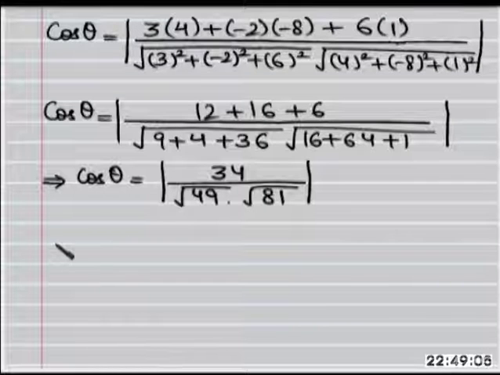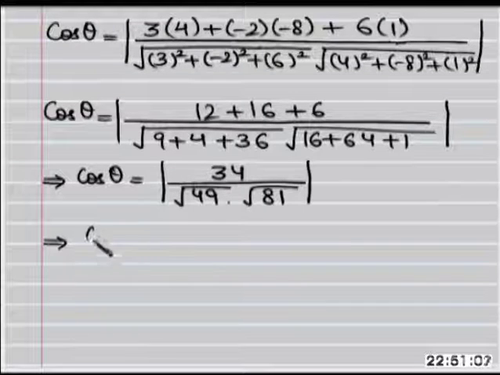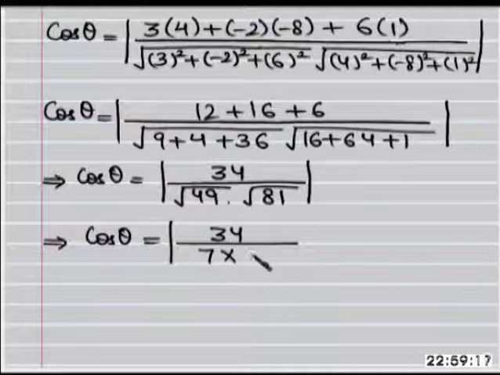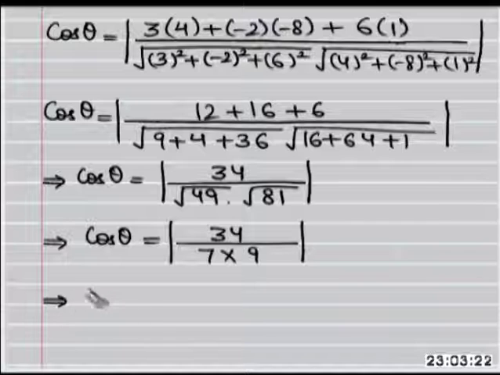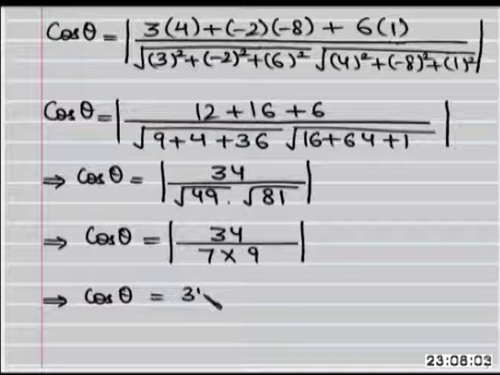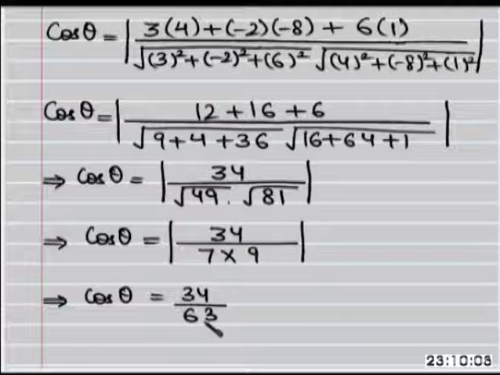This further implies cos theta is equal to modulus of 34 whole divided by 7 into 9, which implies cos theta is equal to 34 upon 63.